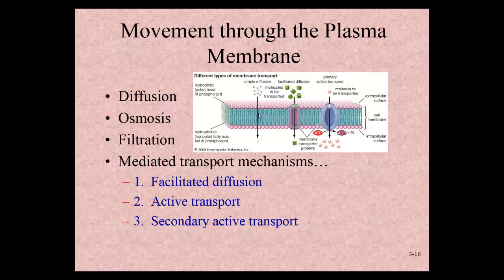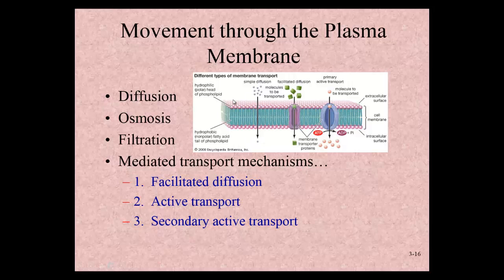So the only things that can pass through would be those things that dissolve in oil. For example, the different gases, carbon dioxide, oxygen, alcohol, cholesterol, hormones that are lipid hormones. They're fatty substances such as estrogen, testosterone, your fat-soluble vitamins like vitamin D, vitamin E. Those things will dissolve through the membrane and don't need to be specially transported across.